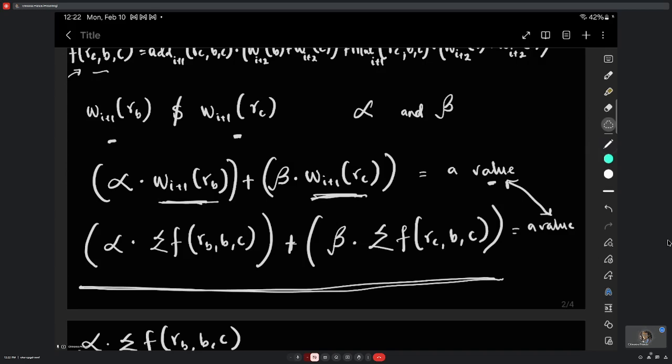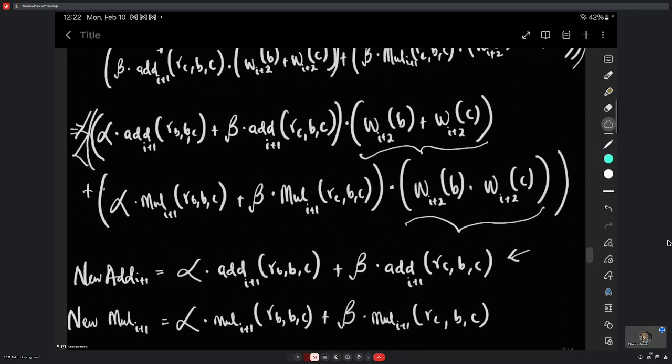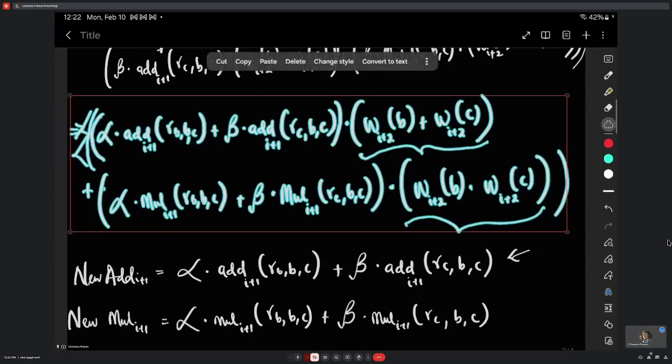Do we agree that if this A value we got here is still equal to this? I know it may not sync well right now. It doesn't make sense.